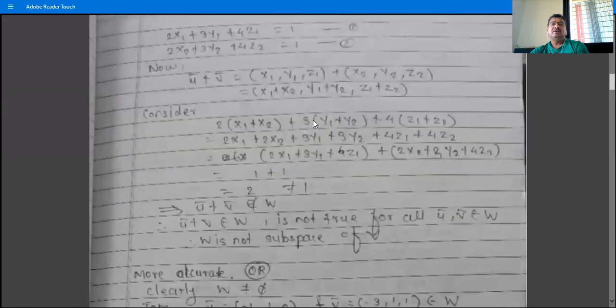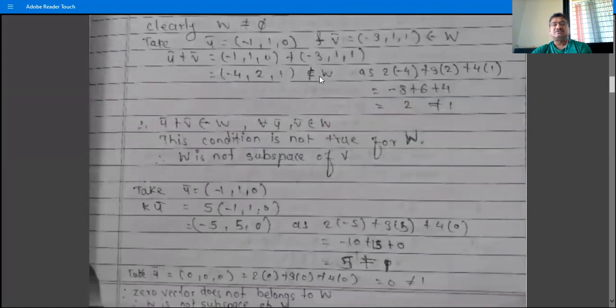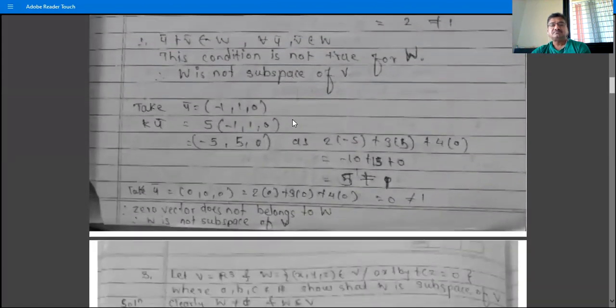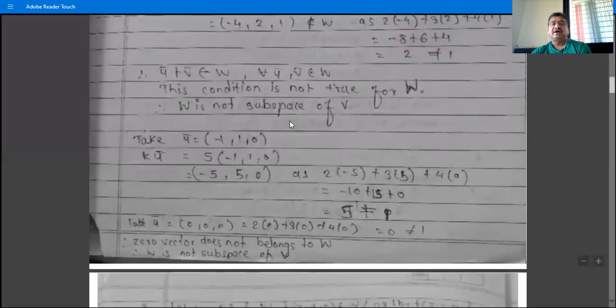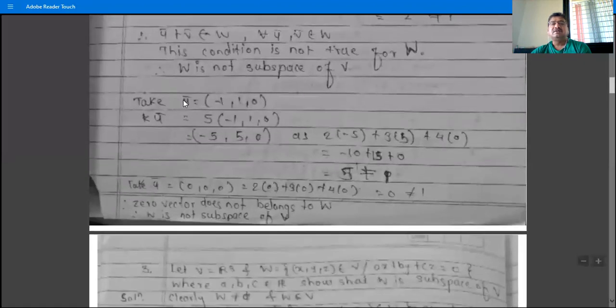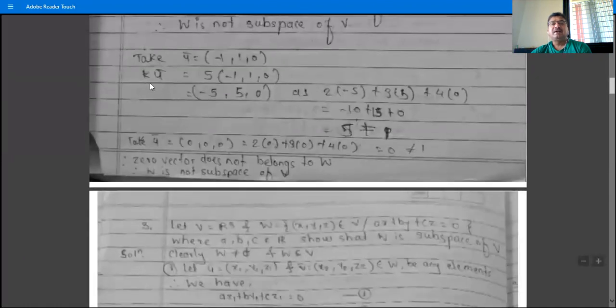So we can give the proof that the addition of two elements of W does not belong to W like this, that is, by using a counter example. And the second condition also is not satisfied for this set. We can also give the answer to this problem like this. Take U bar as (-1, 1, 0), an element of W, and take scalar K as 5.